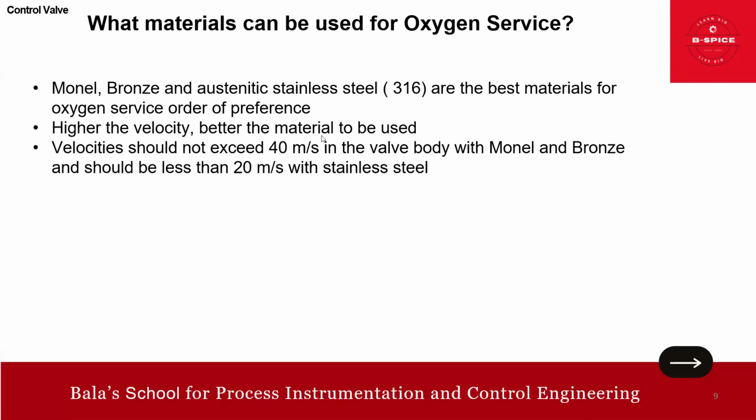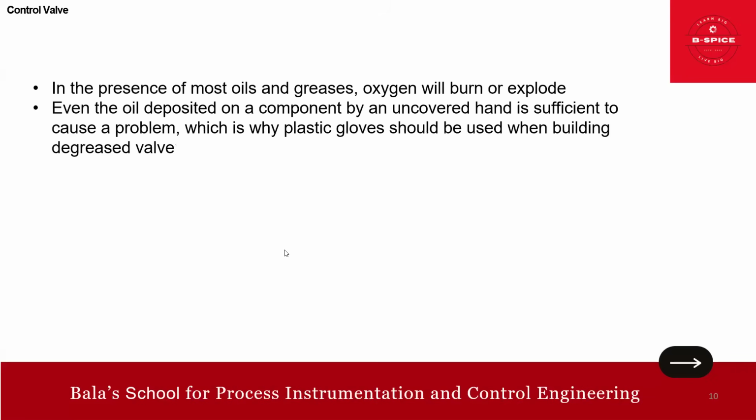That is the thumb rule. Velocity should not exceed 40 meters per second in the valve body with Monel and bronze, and should be less than 20 meters per second with stainless steel. So now you can see Monel can withstand up to 40 meters per second. I hope this is also interesting, right? Oxygen service. Good to go.